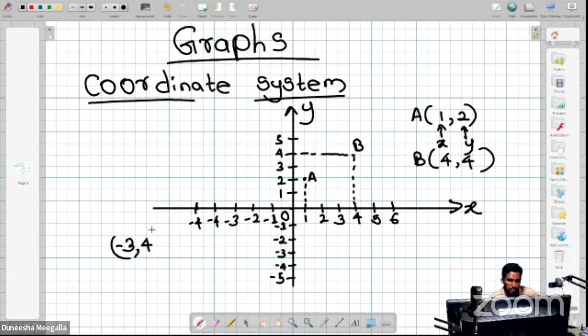(-3,4). See, where is the point? (-3,4). It's in the positive section of y. (-3,4) is point C. D is (-4,-2), -4 here.